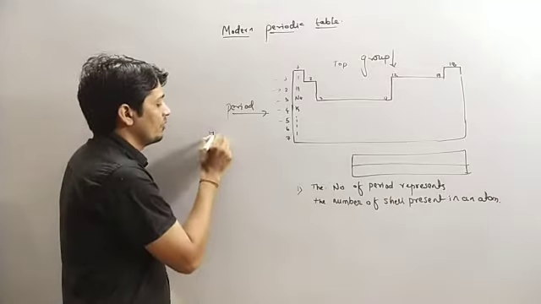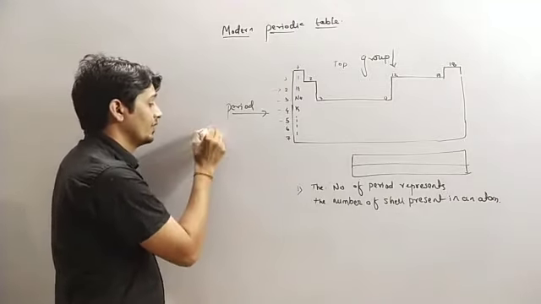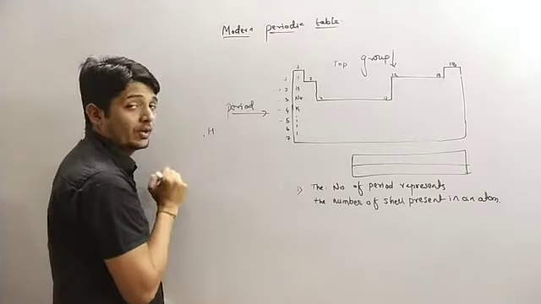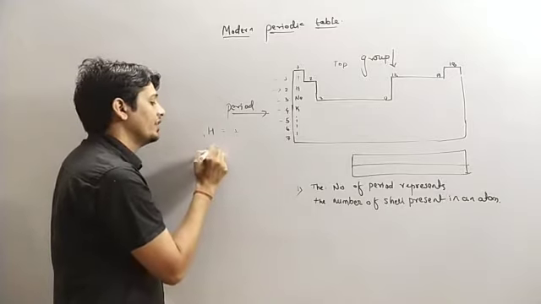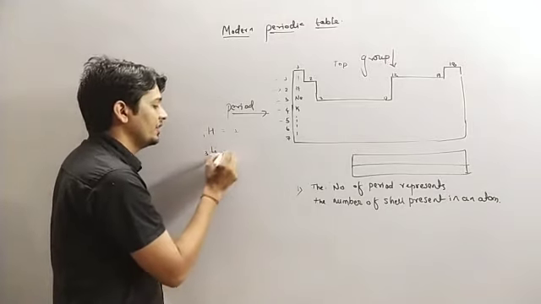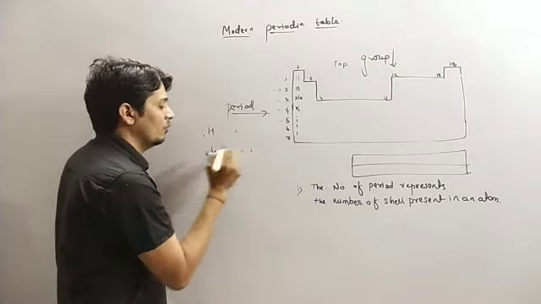See, we have to write the electronic configuration. Hydrogen has atomic number 1, that means it contains only 1 electron. Lithium has atomic number 3, so it will have electronic configuration 2 and 1.